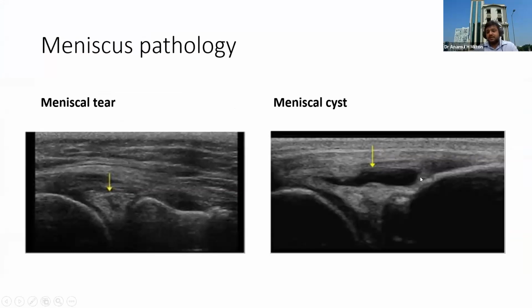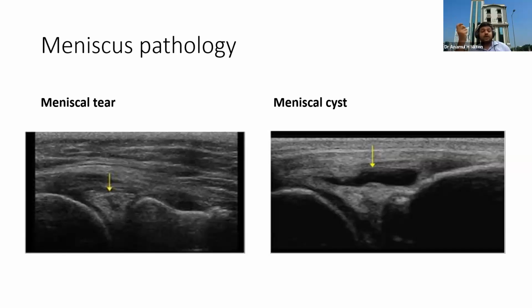If there is any cyst, I had one patient who had meniscal cyst pain for more than 5 years. They did a lot of investigation like CBC, X-ray and other pathology, but the pain never went away from the knee. But when we put our ultrasound on the knee, we found there is a collection in the medial meniscus, a continuation of the medial meniscus.